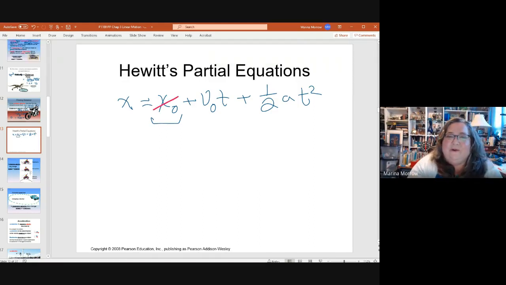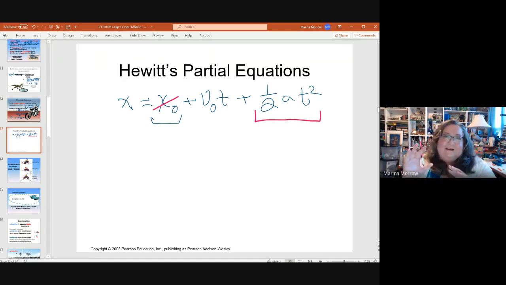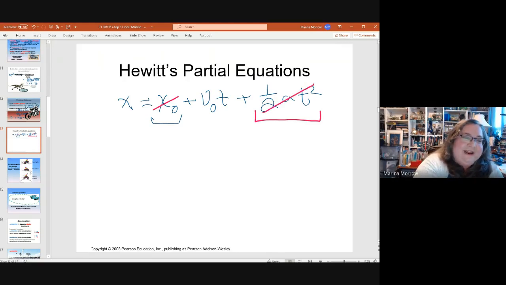So we don't have to worry about the starting distance. And in other situations, you might be gaining speed because it's accelerating. And Hewitt's like, no, it's either constant velocity or accelerating, but not a combination of things. So anyway, this one we don't need either in this part. And so he's just shortening it down, and instead of x, it's called distance, to just v0t.